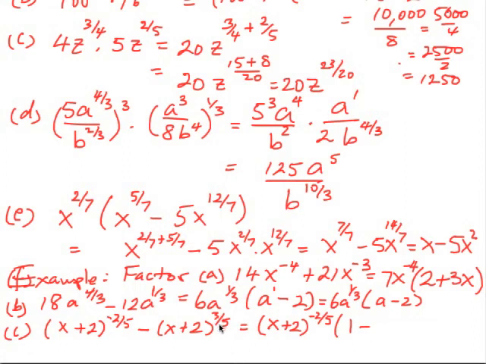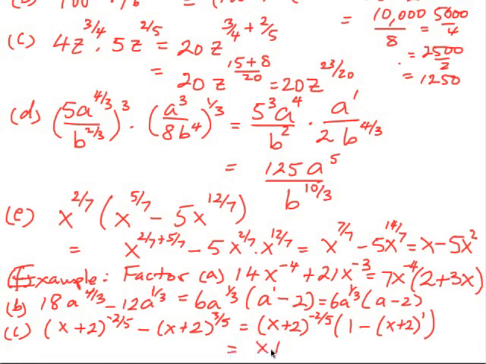Now, how do I get a 3/5 when I have a negative 2/5? Well, that would be a fifth, wouldn't it? To the power of 1, in fact. Because negative 2/5 plus 1 would be positive 3/5.